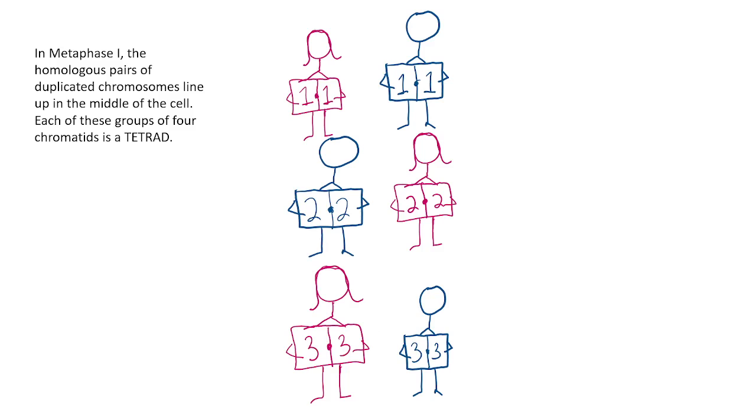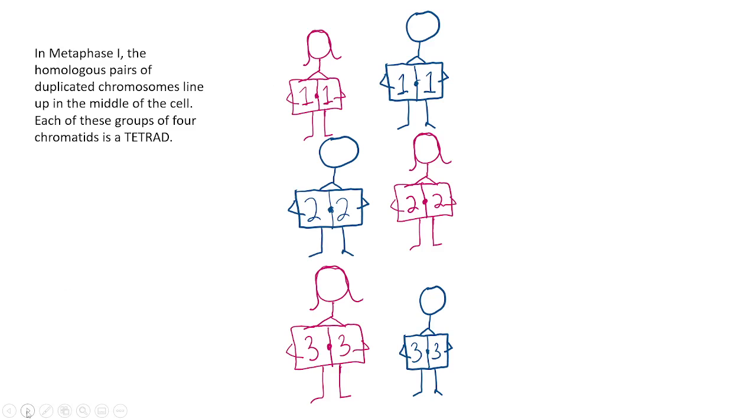Okay? When they're in this metaphase 1 position, I have 4 chromatids. I have a chromatid here, a chromatid here, a chromatid here, a chromatid here. I've got all 4 chromatids together, and we call those groups tetrads.